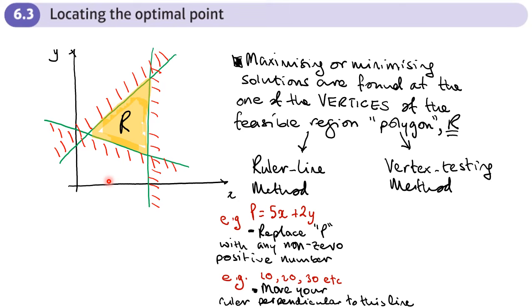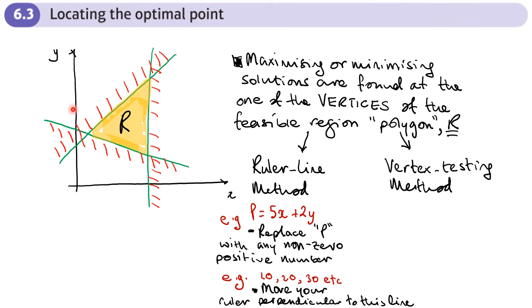That will give you some values for x and y, and those different values will give us different parallel lines. Now what we do is we put our ruler against one of those parallel lines and we move it perpendicular to it, so it's moving in the direction like this.